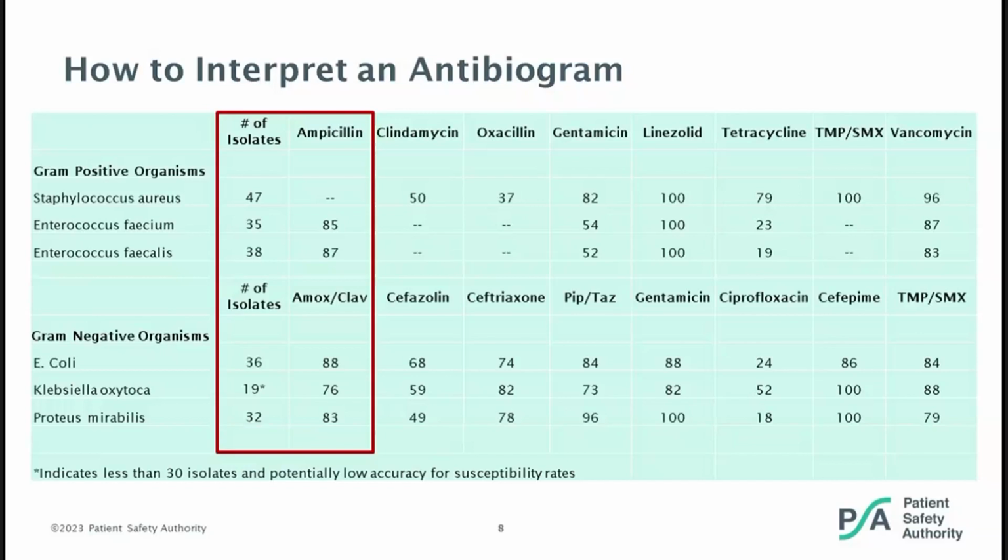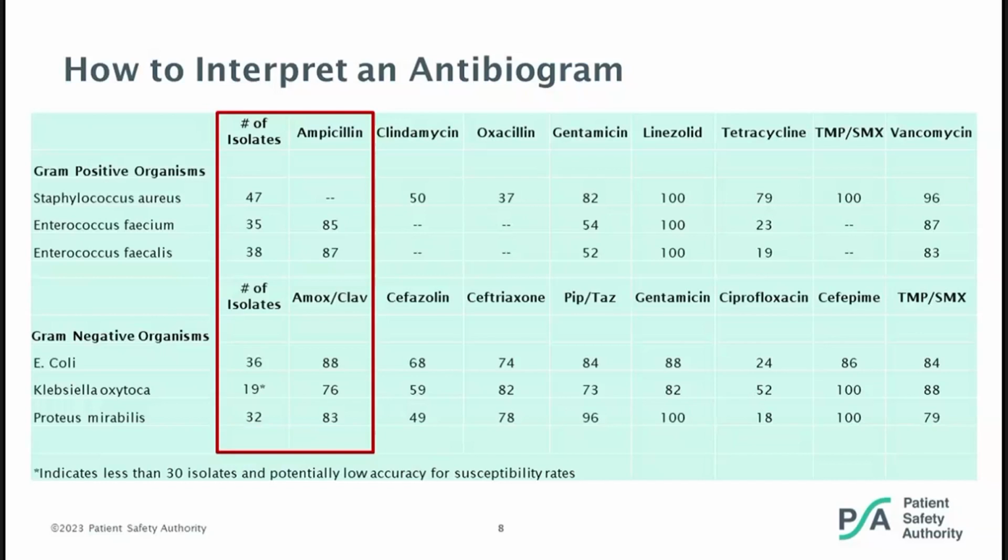When we're determining what antibiotic we want to select, obviously we don't want to go with the big guns to treat our residents, otherwise we are going to develop resistance. We want to choose an antibiotic that has at least an 80% or higher susceptibility to that particular organism.